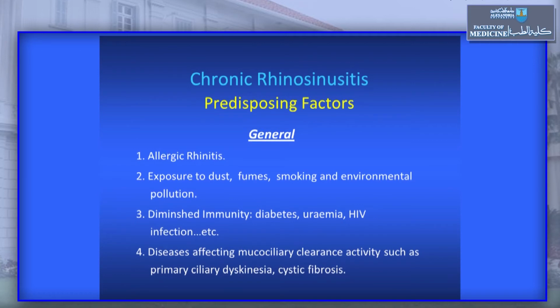Number 3, diminished immunity, which includes any conditions that may compromise the immunity of an individual, such as diabetes, uremia, HIV infection. Lastly, diseases affecting mucociliary clearance activity, such as primary ciliary dyskinesia and cystic fibrosis.